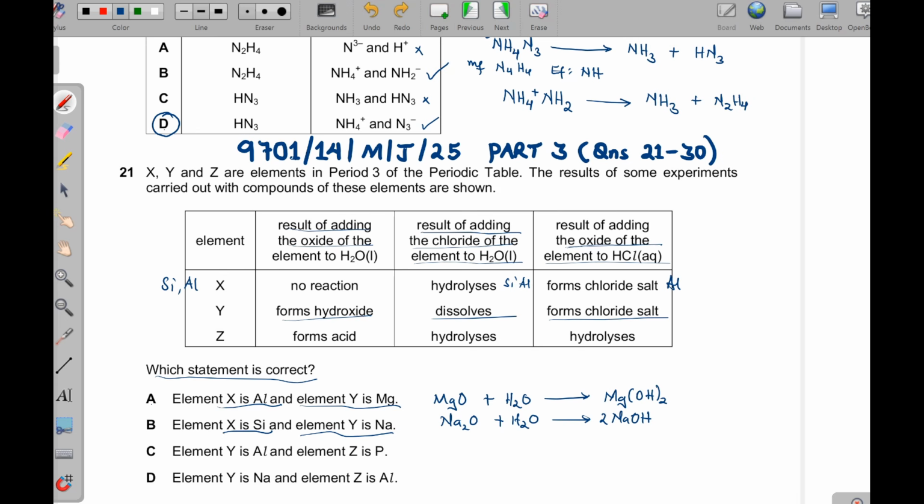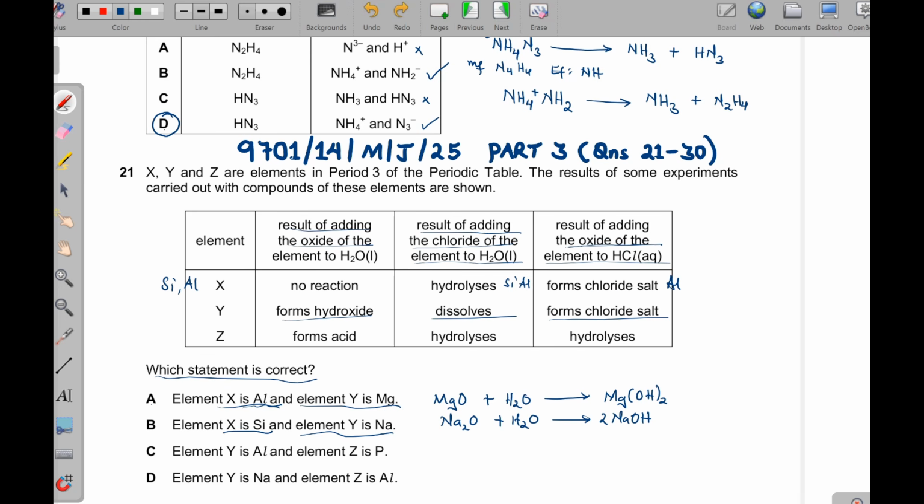But then when you look at option A, when you look at X, is it silicon or aluminium? Based on what I had here, aluminium oxide can react with HCl to form the salt here, the aluminium chloride.